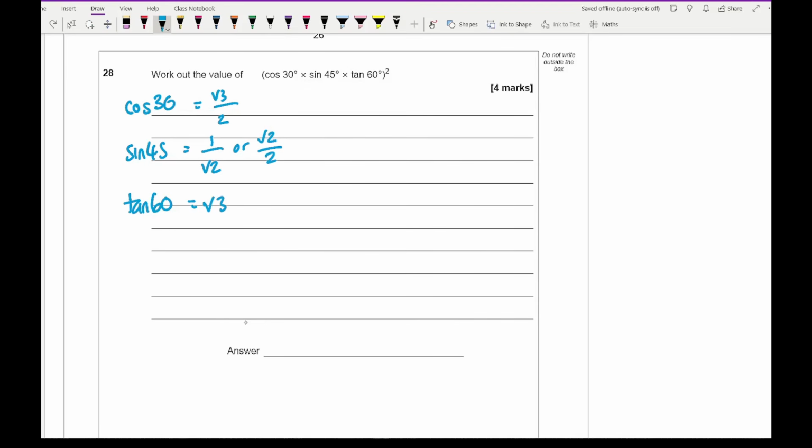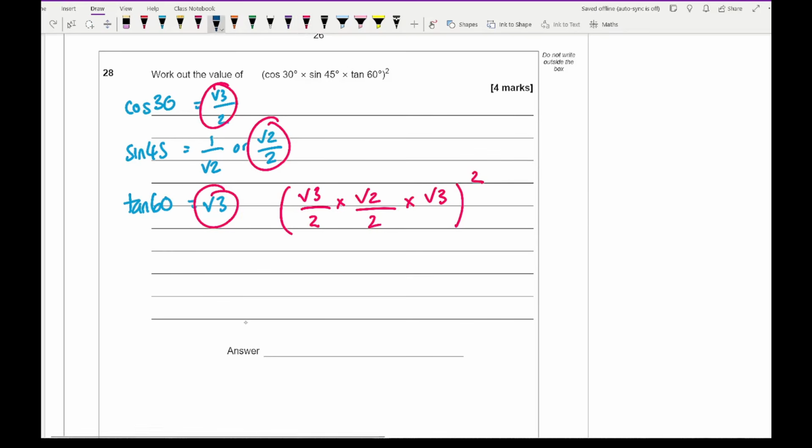So then looking at these, you can decide whichever ones you want to go for. So I'm going to go for this, and this one. So I've got root 3 over 2 multiplied by root 2 over 2 and multiplied by root 3. I want to square all of those.